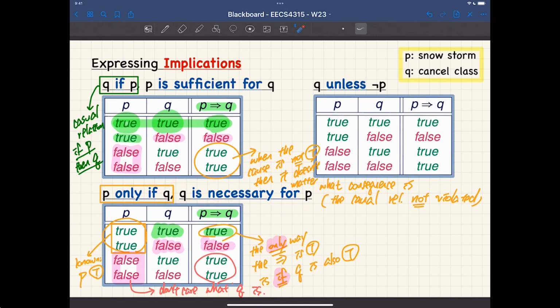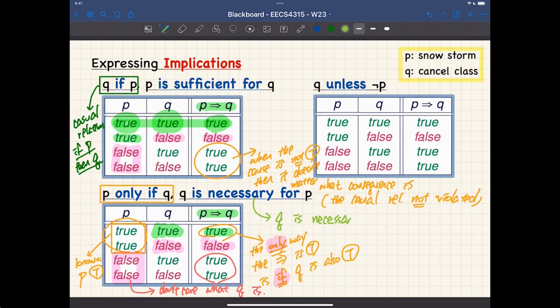This is to say, Q over here is really necessary for the implication to be true if we know that P is already true. I'll write it down first, and I'll try to be a little better at pointing out the row. Q is necessarily, oh, how about this?